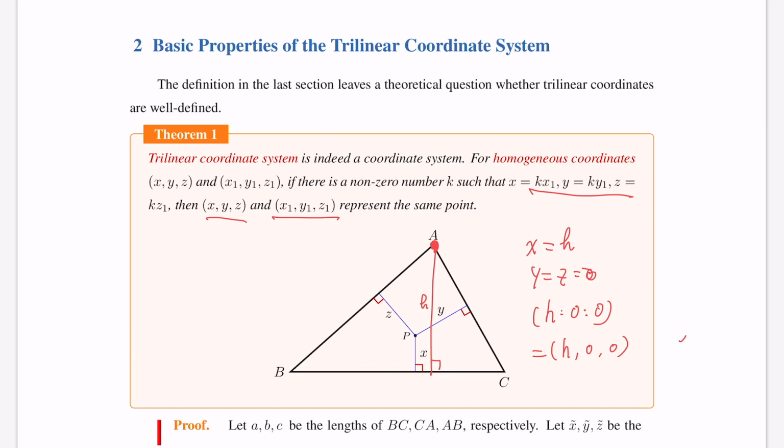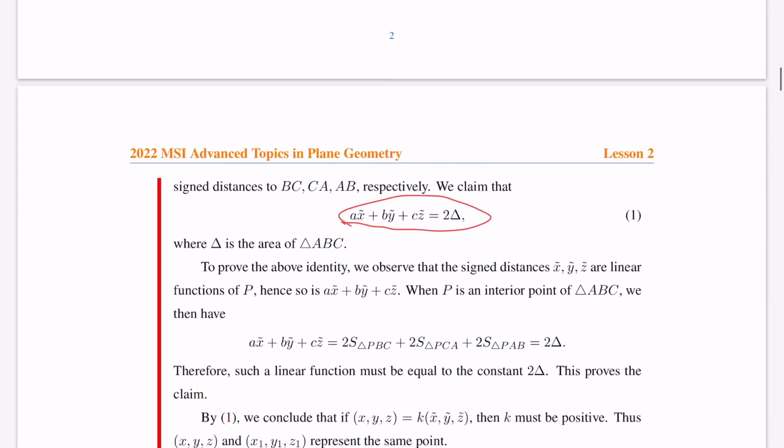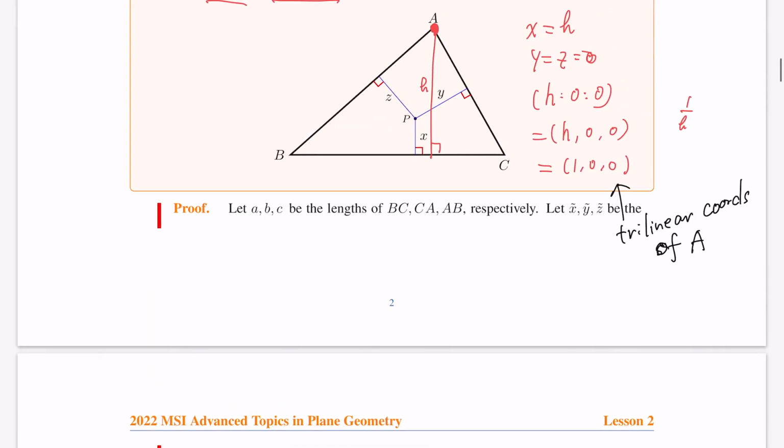If I multiply by the reciprocal of h, 1 over h to all three, I get (1, 0, 0). This would be the trilinear coordinates of the point A. By the same reason, B has the trilinear coordinates (0, 1, 0), and C has (0, 0, 1). That's pretty simple.